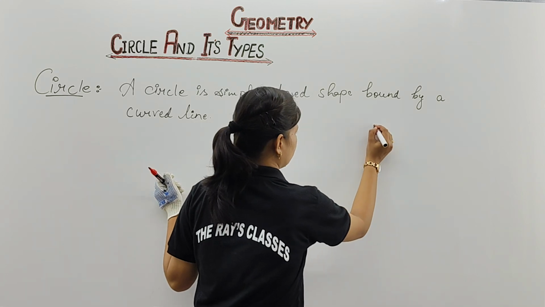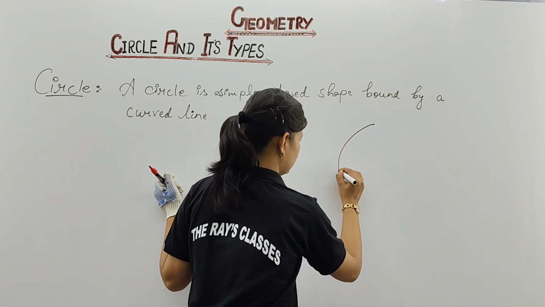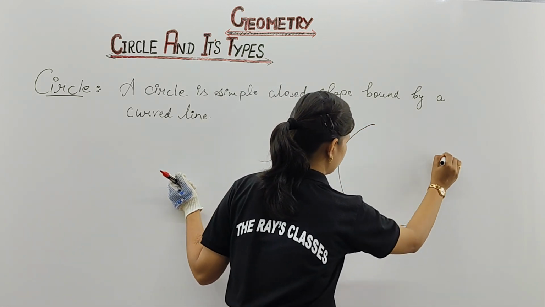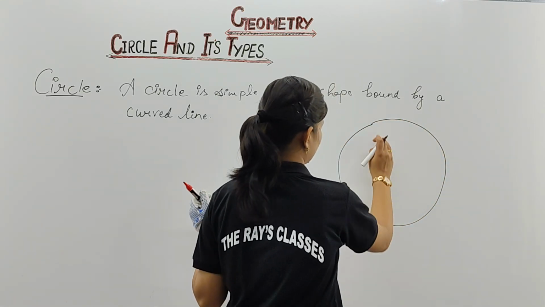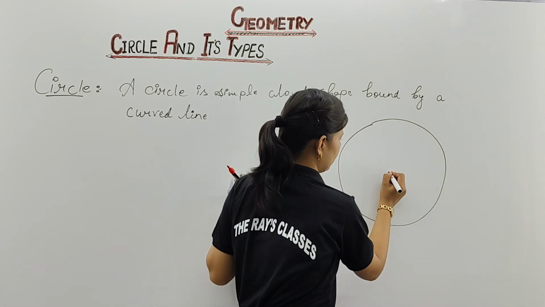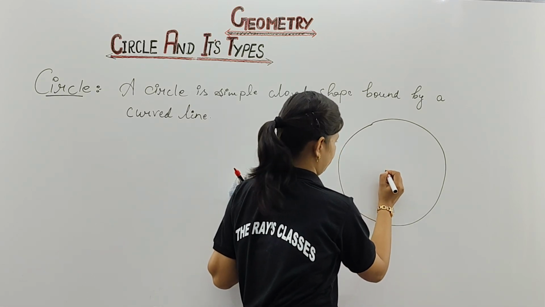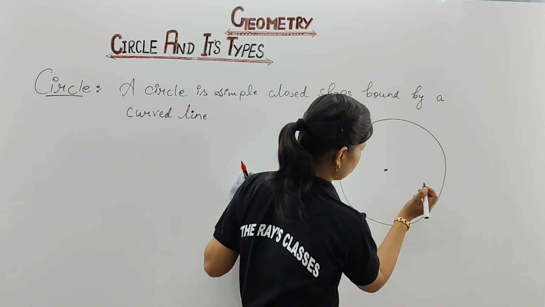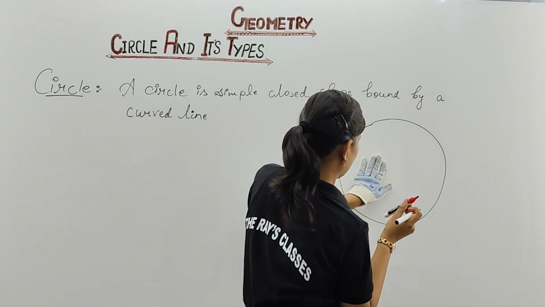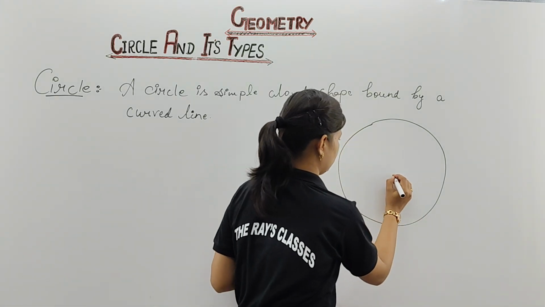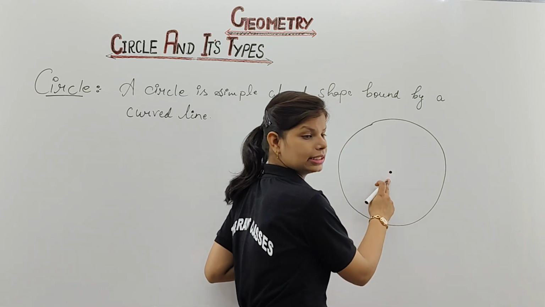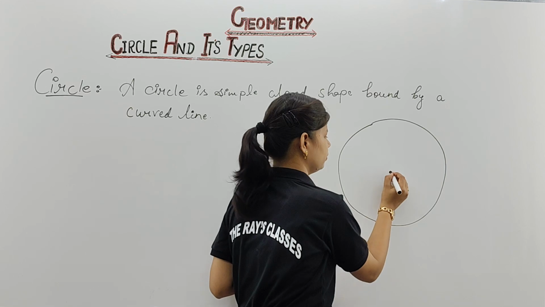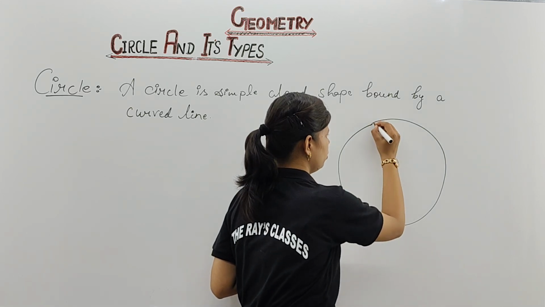Next time we will draw with the help of a compass. It is just an imaginary line, but we have to understand that. The point in between, the point where we are drawing from, this point is called the center of the circle. Clear? This point is called your center.